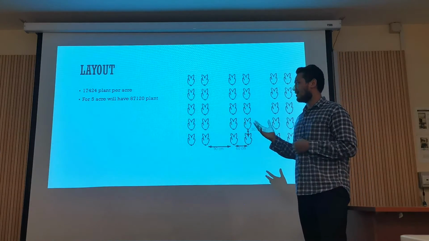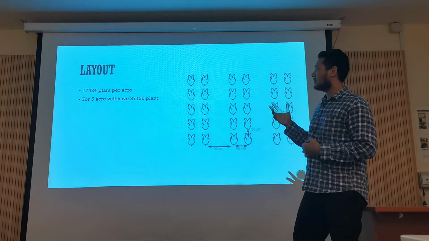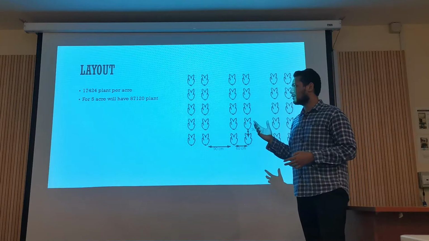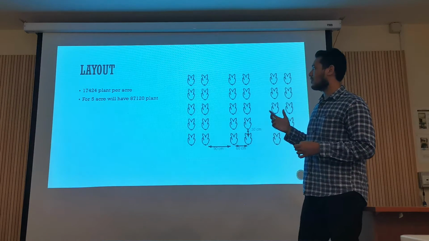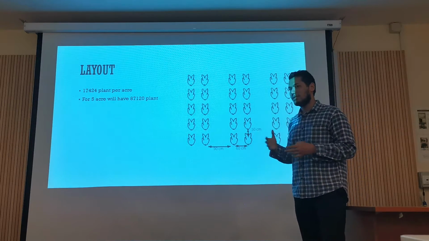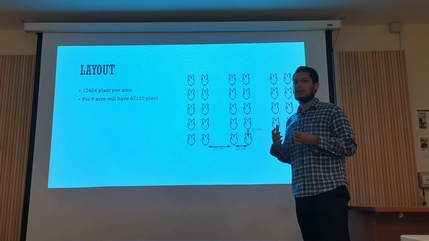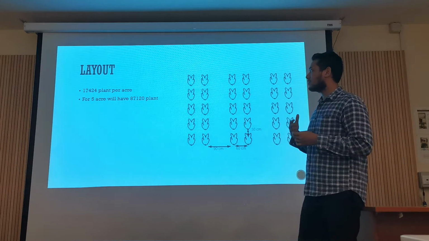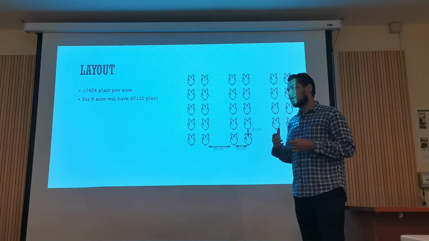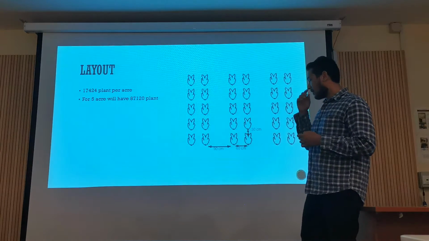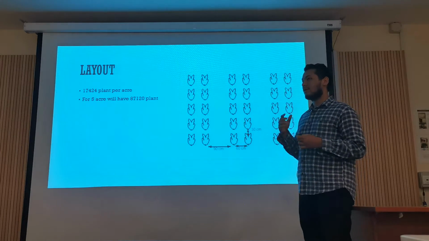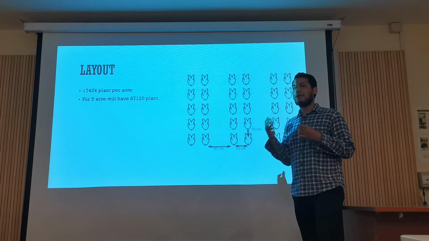We can plant about 70,424 plants per acre, and we want to make this project for 5 acres, so we can plant about 87,120.